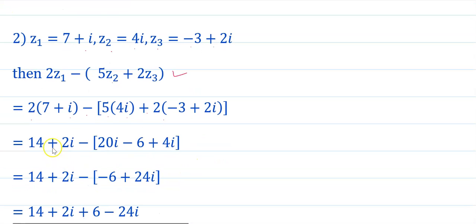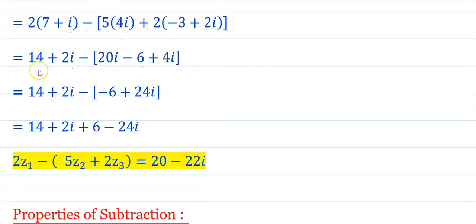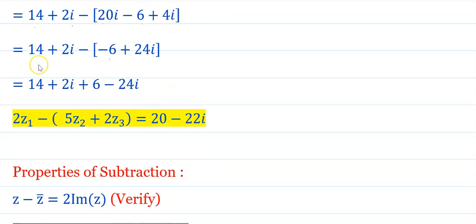Next simplification. 2 into 7, 14. 2 into I, 2I. Minus 5 into 4, 20I. Minus 6, 2 into 2, 4I. Again simplification. 14 plus 2I minus in bracket. Okay. आता इथे बघा. Minus 6 real part आहे. 20I plus 4I. You will get 24I. Next simplification. 14 plus 2I. Again, open the bracket.